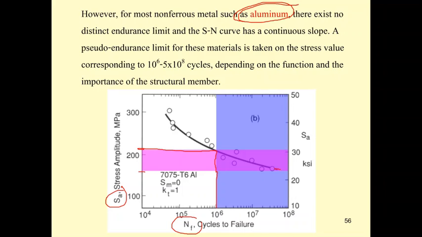If this one is going to take 1 million hits of the repeated stress, then you're going to decide with a design fatigue stress of about 160. Okay, you have to reduce the stress for the structure to withstand more repeated forces and stresses.